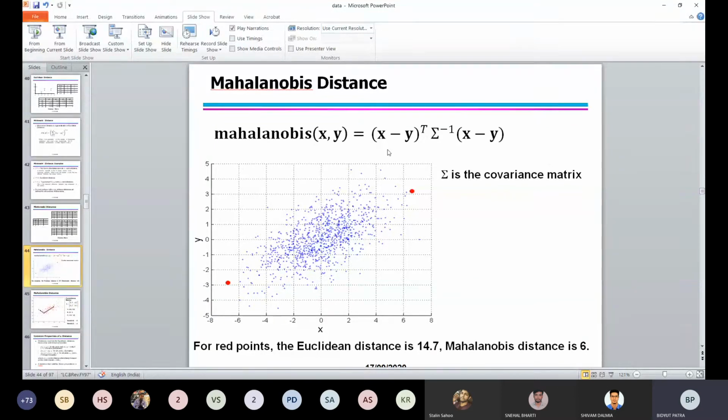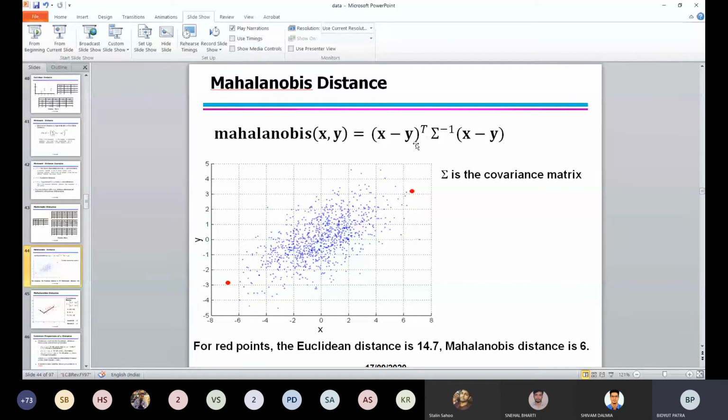The covariance value also will come up, and we'll show the formula later on. It should be incorporated while computing the distance here. If you see the formula, what is x minus y? x is a vector, y is a vector. What is the length of the vector? That is 2. Then x minus y transpose. What will be the size of this matrix? A vector is represented in column representation, so it is generally 2 cross 1.